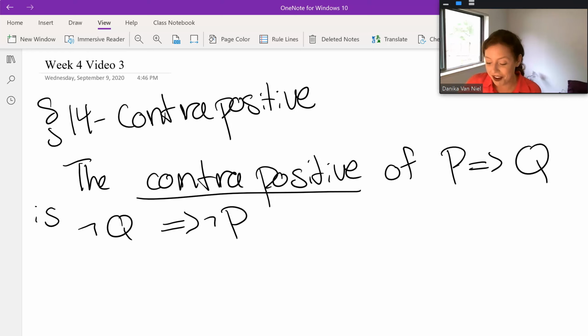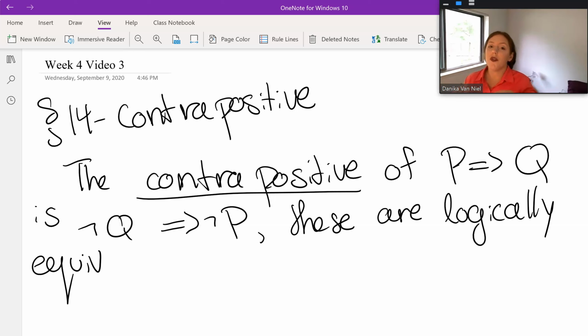So here's where the fun comes in. These are logically equivalent. Okay, so an exercise is to convince yourself of this with truth tables, okay? So if we prove the contrapositive of a statement, meaning an implication, then that is logically equivalent to proving the original statement, okay?